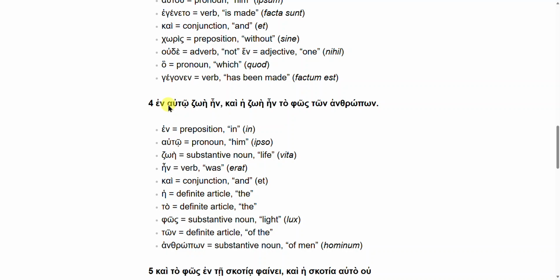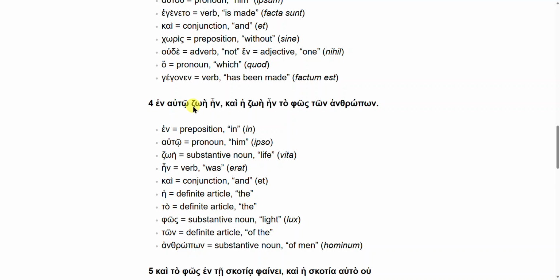Auto, we have the diphthong alpha upsilon with a soft breathing. Auto, circumflex accent there, and iota subscript. Auto, in him. We see auto was translated ipso in Latin. En auto, in him, zoe. Here we have the zeta.